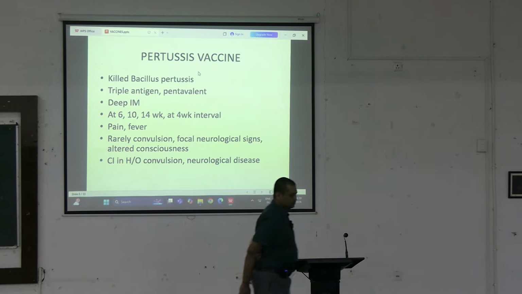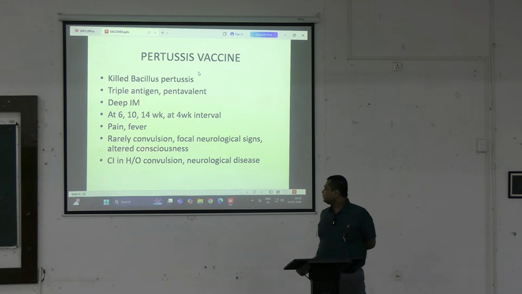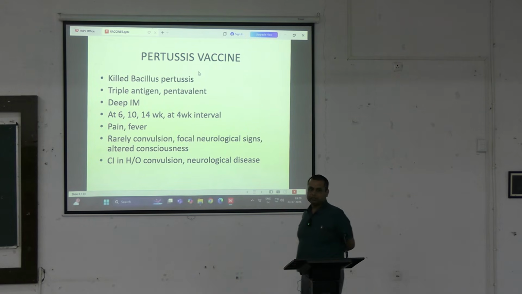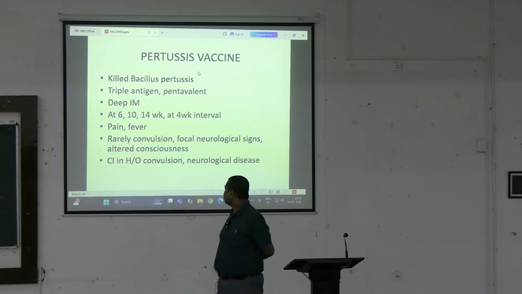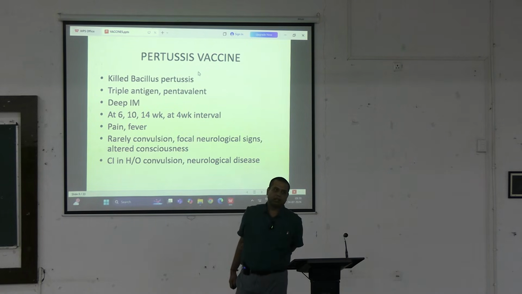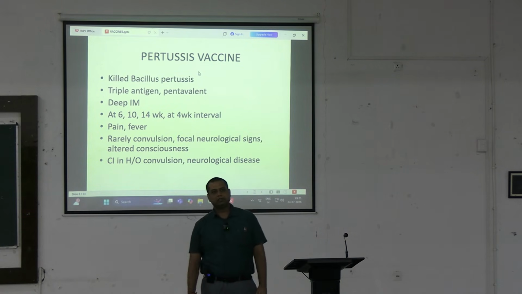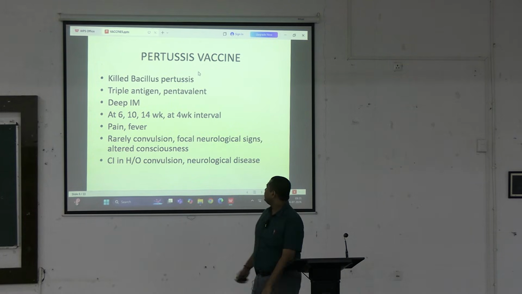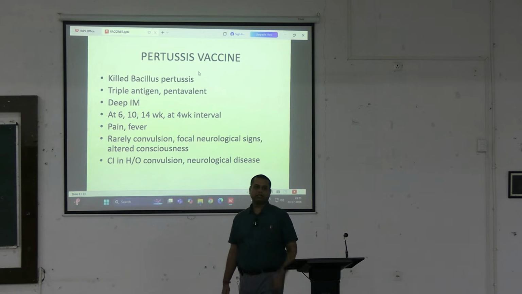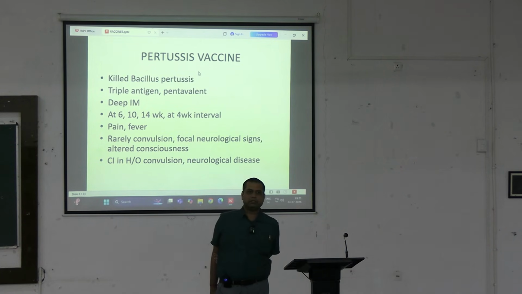The 4-week interval is for proper stimulation of the immunity. Adverse reactions are pain and fever. There may be fever in the child, and pain at the site of injection. Rarely convulsion. Contraindication is any neurological deficiency.